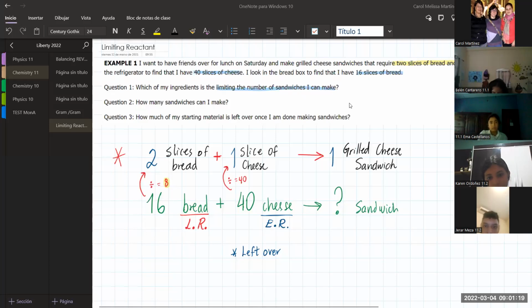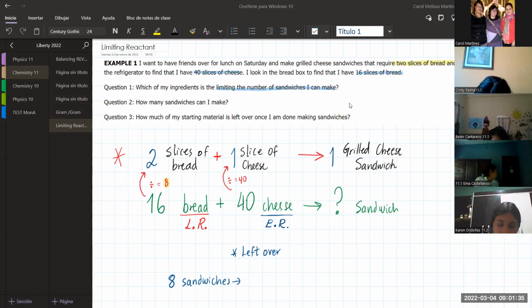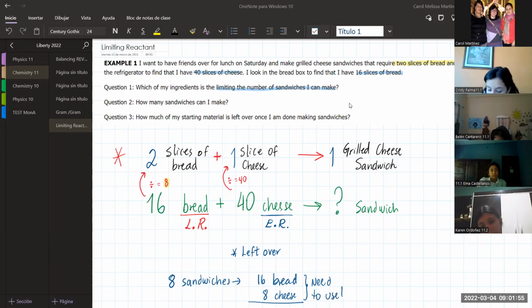So you have to do 8 sandwiches. If you're making 8 sandwiches, you're going to need 16 bread and 8 cheese. This is what you're going to be using. So, how do you get the leftover?